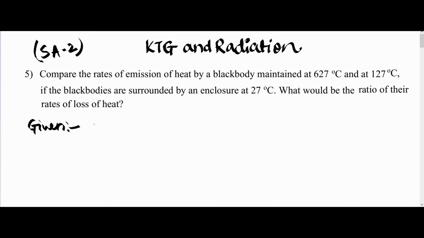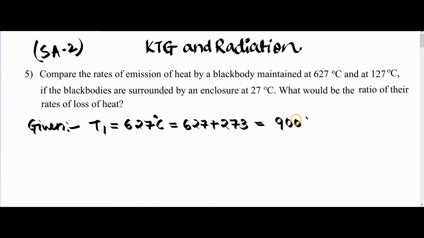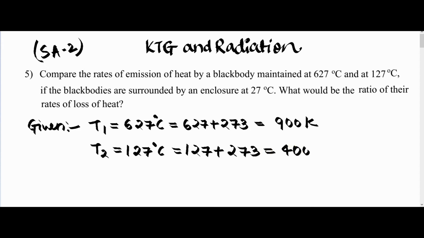Given is temperature T1, that they have given is 627 degrees Celsius. In kelvins, 627 plus 273, which is equal to 900 kelvins. T2 is equal to 127 degrees Celsius. In kelvins it is going to be 127 plus 273, which is equal to 400 kelvins.